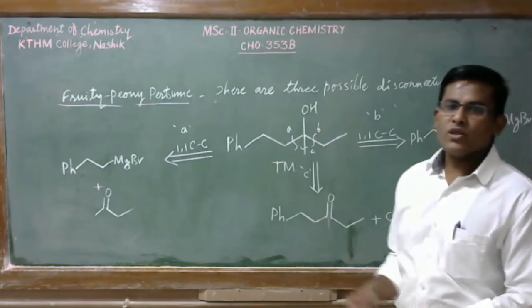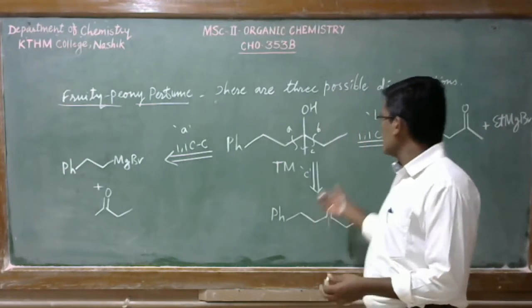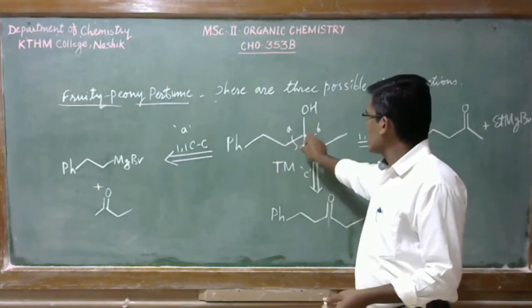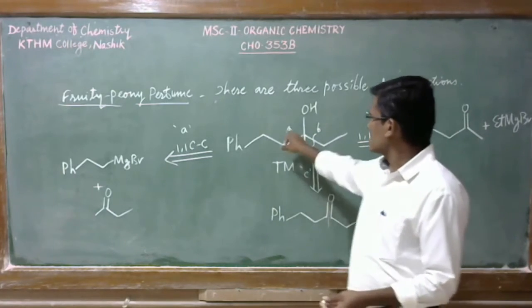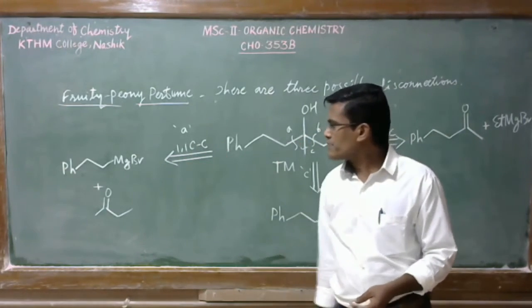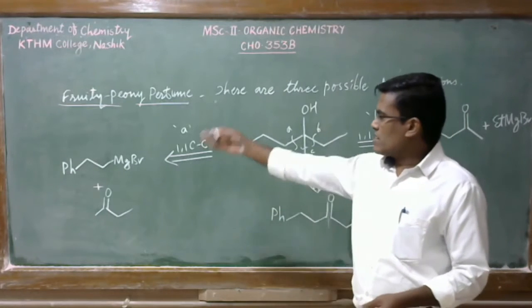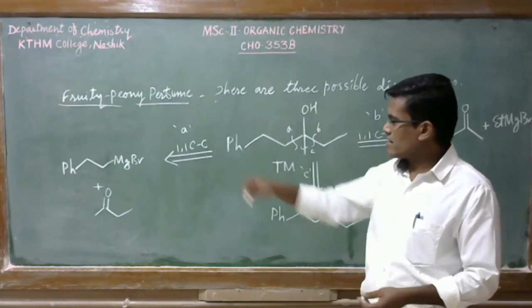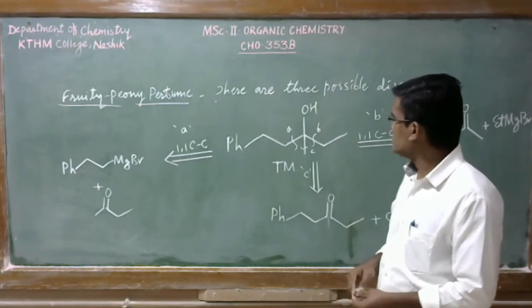So there are 3 possible disconnections, A, B, C. When you cleave this carbon-carbon bond, let's say this is the A cleavage, it gives the 2 chemical equivalents, that is Grignard reagent and this ketone.